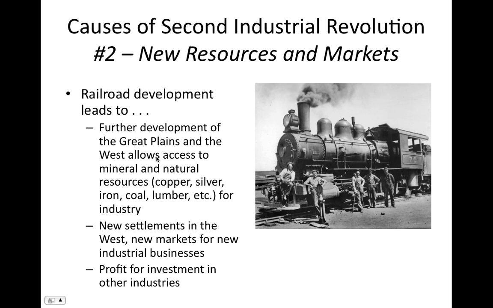And then finally, the development of the railroad leads to enormous profit for investment in other industries. These railroad companies are some of the biggest companies in the late 1800s, and they make a lot of money, thanks in part to the federal government giving them very generous subsidies and other support, free land, for example, like I mentioned before.